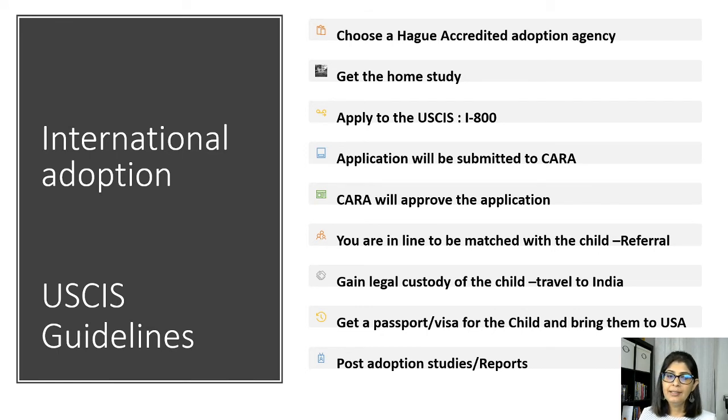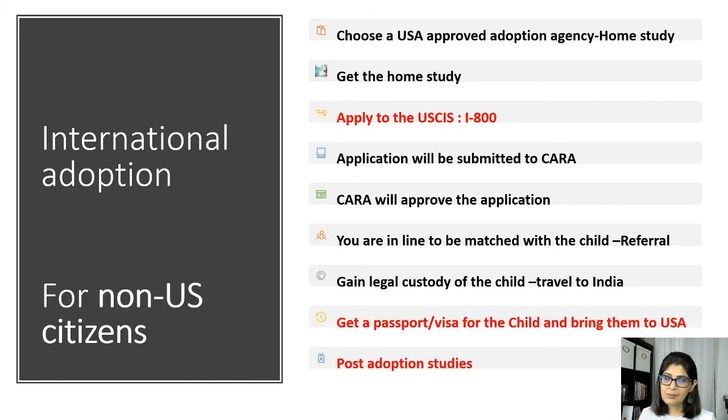And this is where the process becomes a little bit tricky for the non-US citizen. If you're a non-US citizen, you actually cannot apply for I-800, which is the very first step as per the Hague Convention in the US. Form I-800 is what eventually lets you get a visa or passport for the child so the child can be migrated to the US, or eventually get US citizenship.